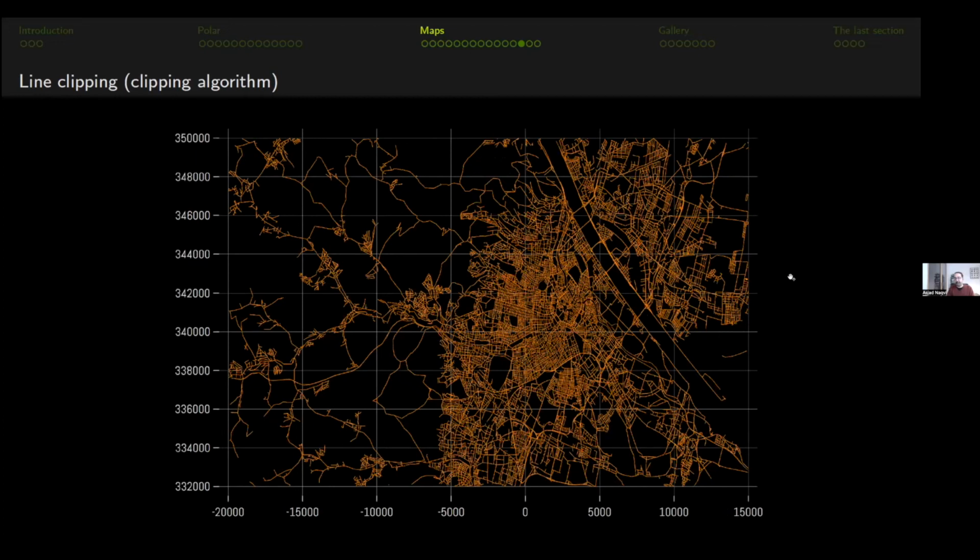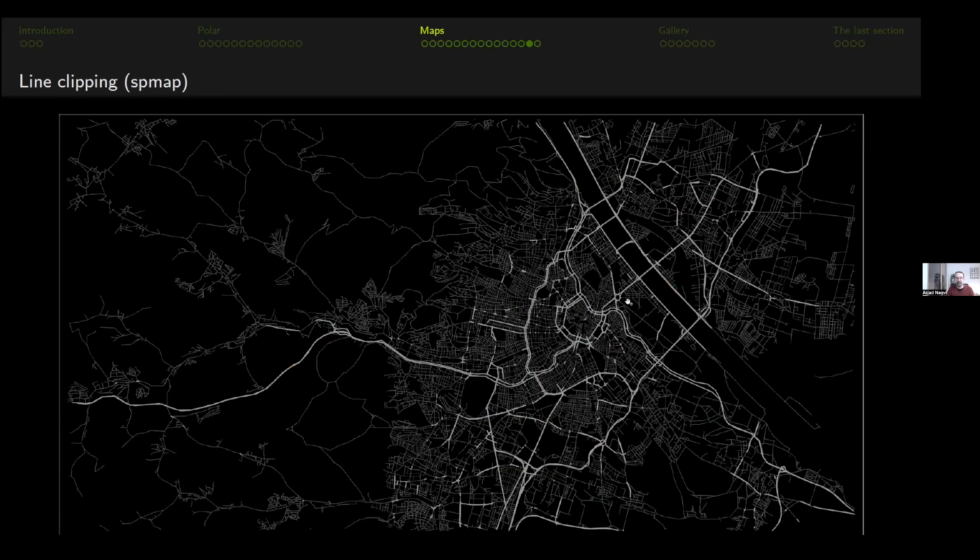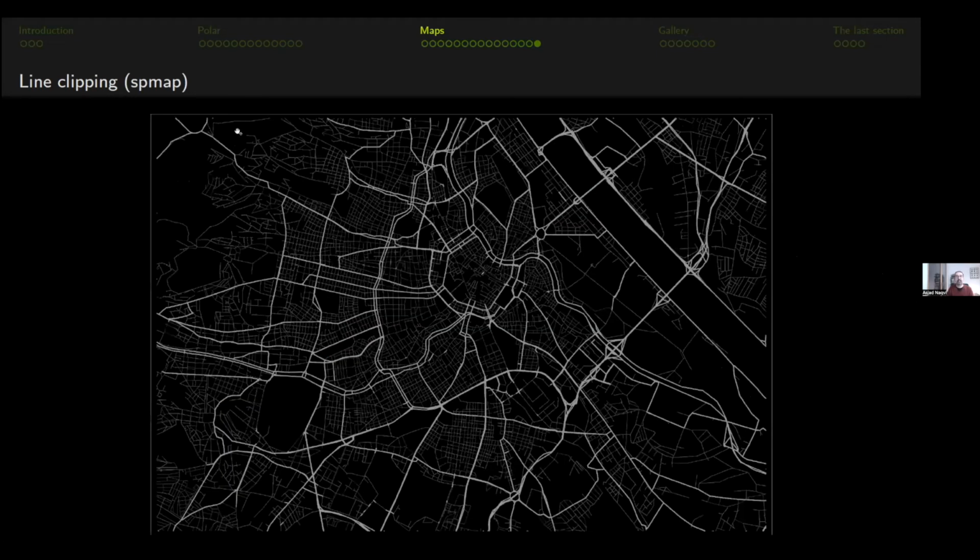Once you have generated this, you can save it as a clipped shapefile and then call it with spmap. Again, you can say, okay, I just want to zoom in, and without defining a lot of conditions, you can zoom in more. It keeps it neat the more you zoom in.